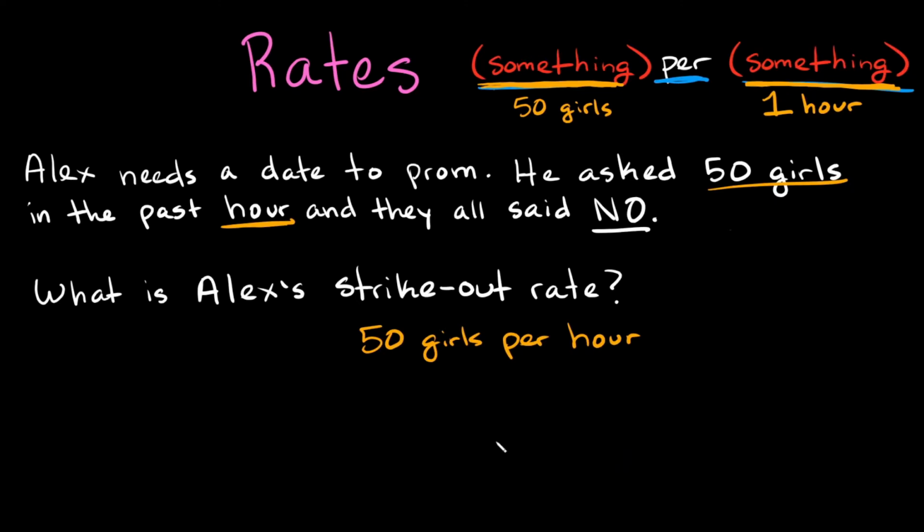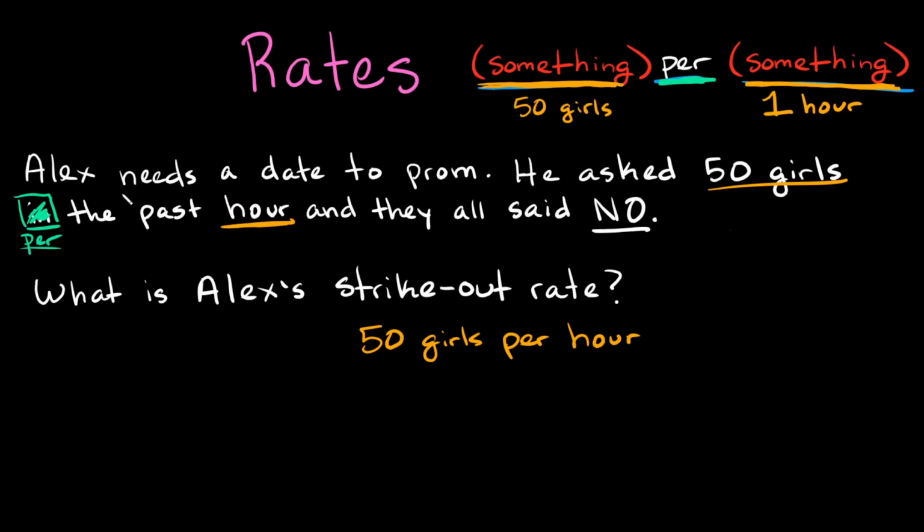Now, the second way you can kind of go about solving these problems is noticing a very, very subtle word. And that word is in. So whenever you see the word in, you can kind of just cross it out and replace it with per, right? Our very important word up here. Okay, so instead of in, put per.